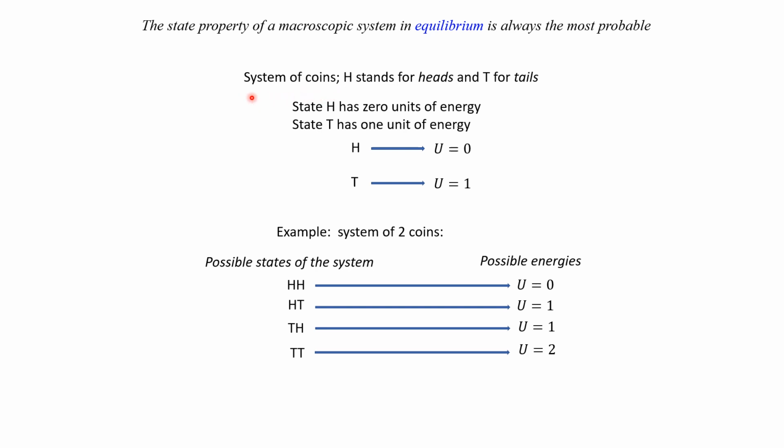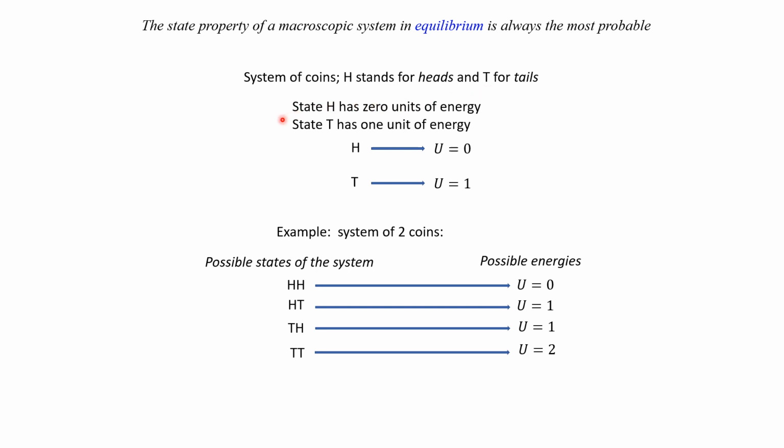We're going to replace the electrons with coins, just to make it easier to show the main ideas of statistical physics. The elements, which were electrons, are now coins, and this is an example of a binary system because the elements can only have two states, the state heads and the state tails.